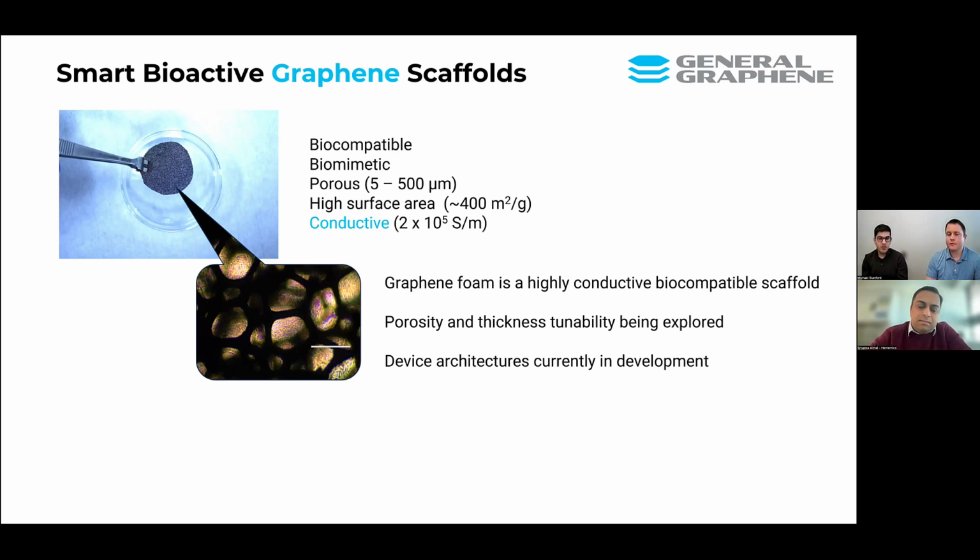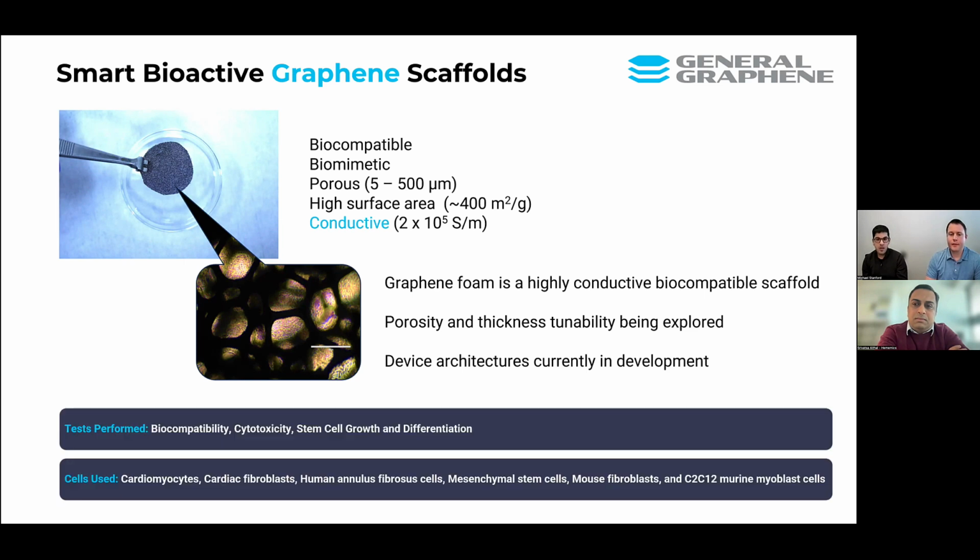Currently, from a research direction driven by our collaborators, we're exploring internally things like tuning the pore size and thickness, from our current 1.6 millimeters to varying values, and also developing device architectures to leverage some of the unique properties, such as the conductivity of our material. In the last year and a half, we've had several tests performed by our collaborators.